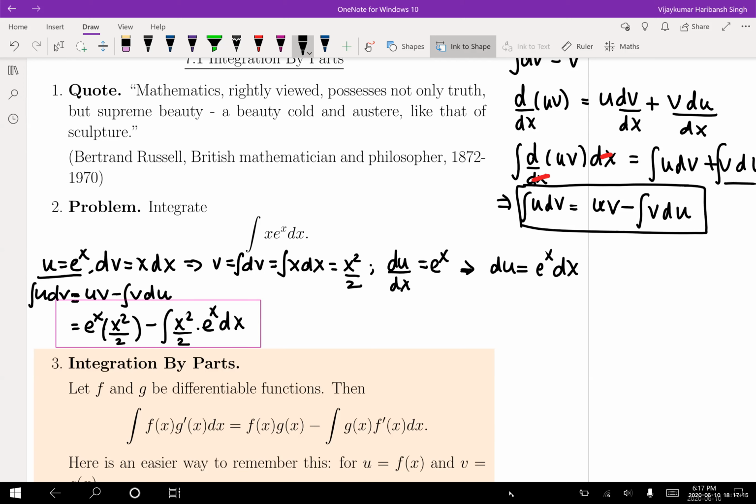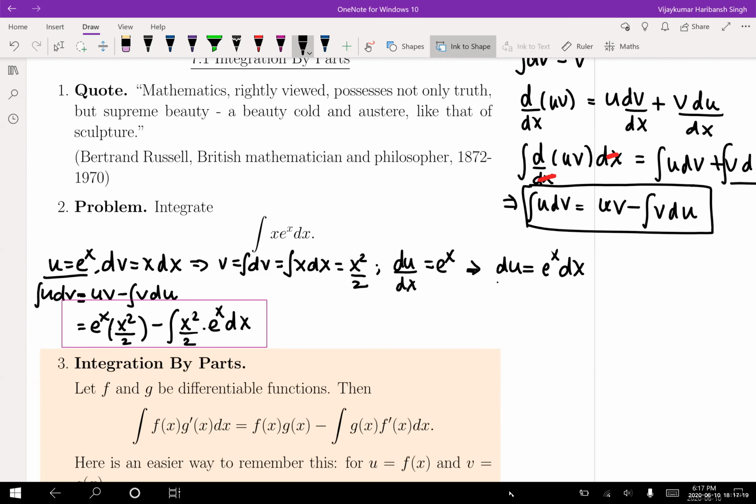So let's work with another choice. Let's call the first one choice 1, and take choice 2. In this case, we'll choose u to be x and dv to be e to the x dx.